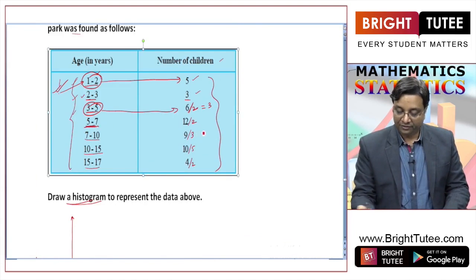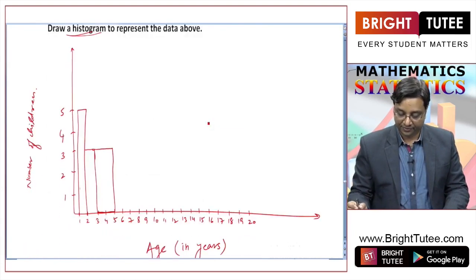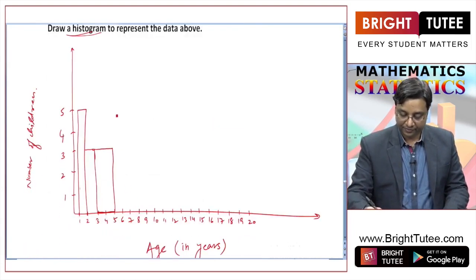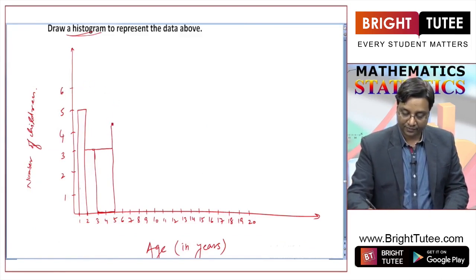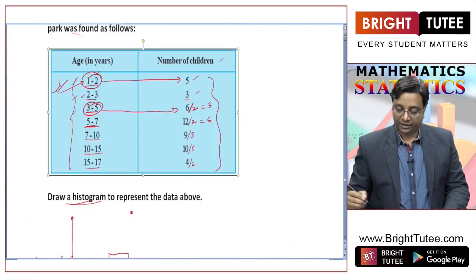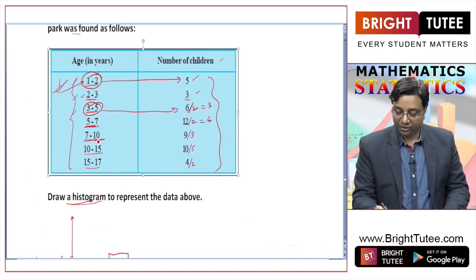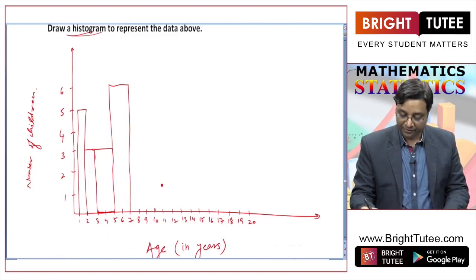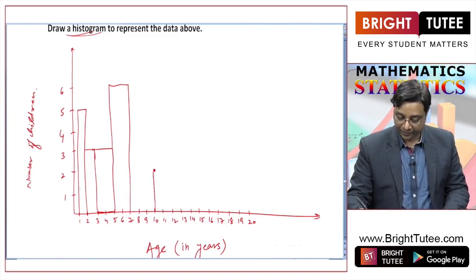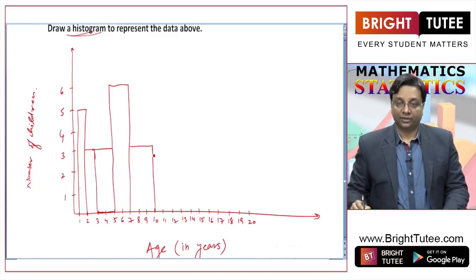And between 5 to 7 it is 6. Okay. Between 7 to 10 it will be 9 by 3, that is 3. So 7 to 10 up to here. Okay.